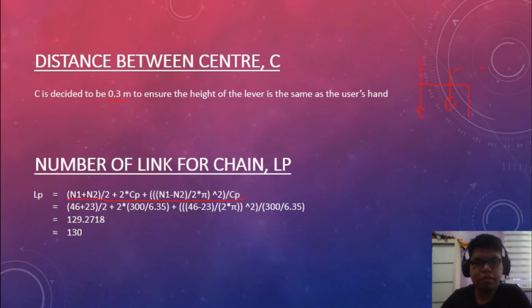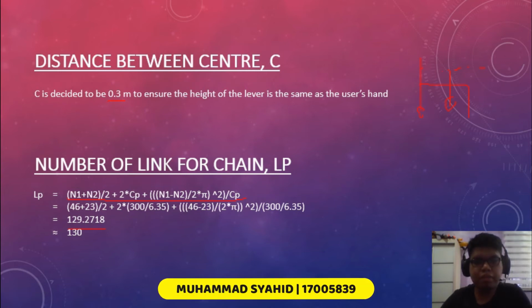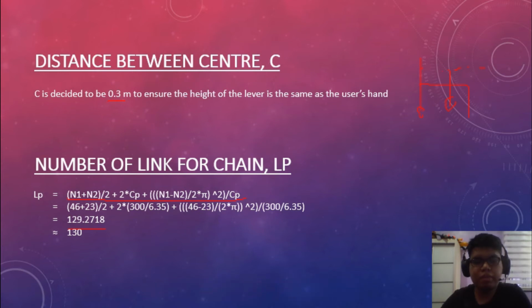So basically, all we need to do is input the N1, N2, the C, and the P, the pitch length of the chain, which we just Googled based on the CHE25, and lastly we get 129.2718, and then we round it up to 130, which, according to the source, is recommended to be an even number of links, so we hit perfectly the even number with rounding up.